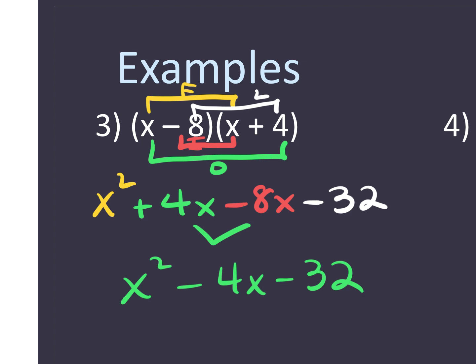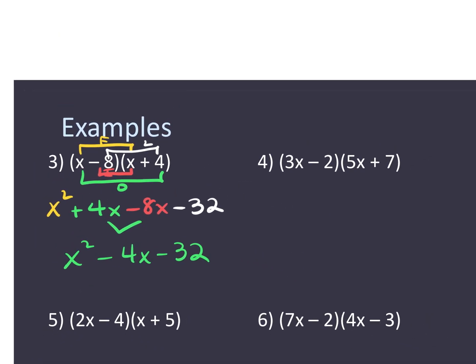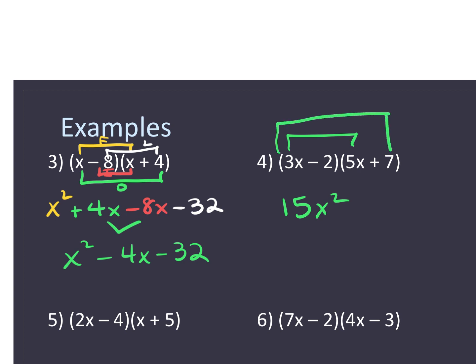You don't have to use the acronym FOIL. You can also just use distributive property. So another way to do it is you would think I got to distribute the 3x to the 5x. That gives me 15x squared. Then I have to distribute the 3x to the 7, which gives me 21x. But essentially, we're using that acronym, F, O. And then now we go to the negative 2 term, and we would distribute that.